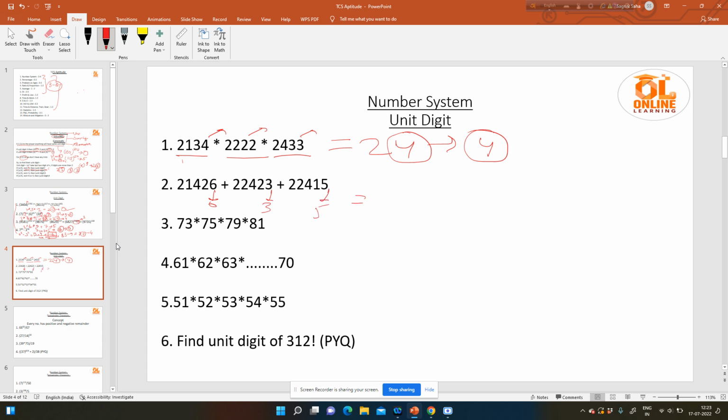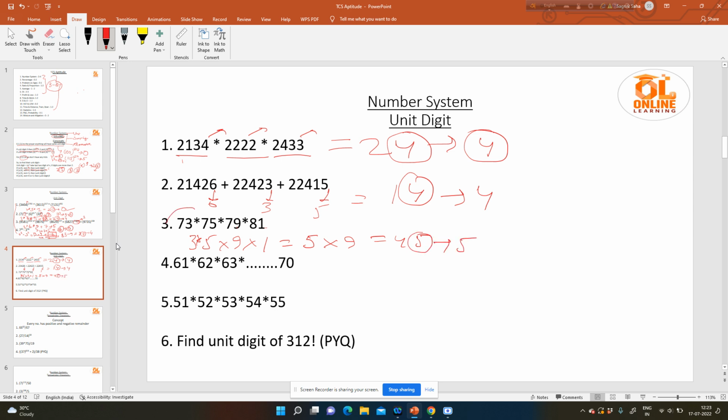So 6 plus 3 is 9, plus 5 is 14. So again unit digit will be 4. 73 into 75 into 79 into 81. We will take 3 into 5 into 9 into 1. 15, from 15 we will take only 5 into 9, 45. So your unit digit will be 5.